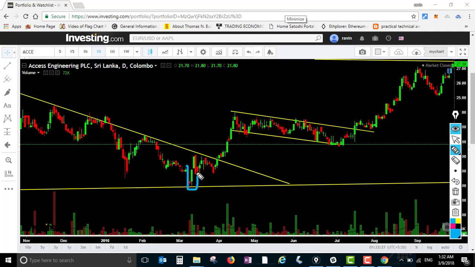Abnormal. You can see abnormal compared to these small candles. This is somewhat abnormal. Then again, these two are more abnormal compared to the other candles.